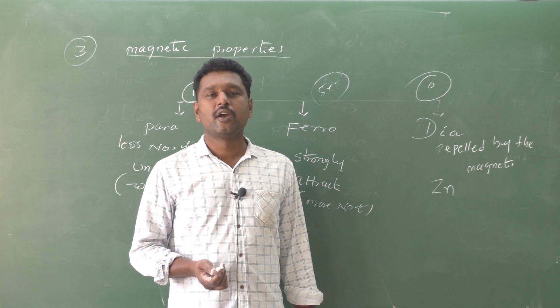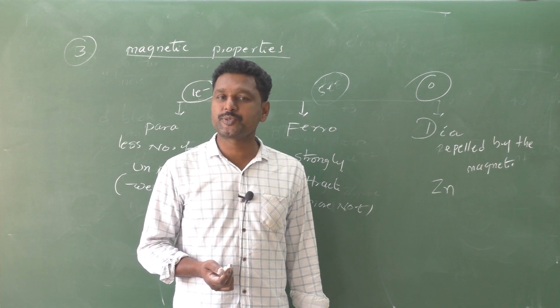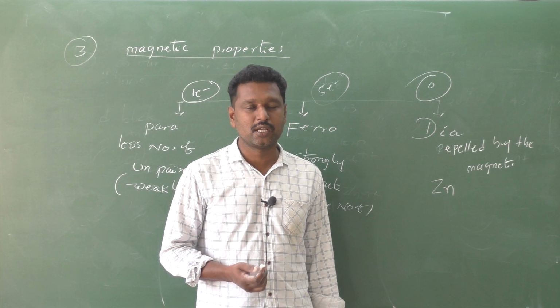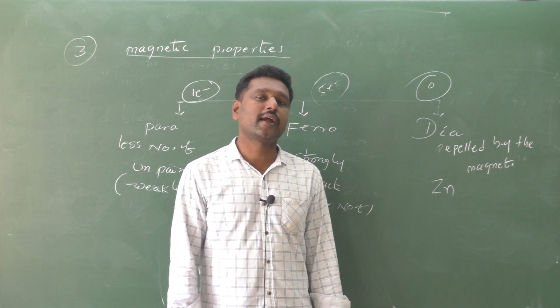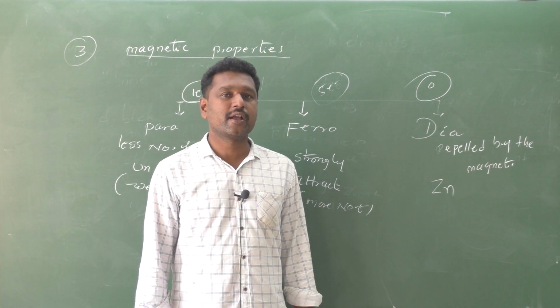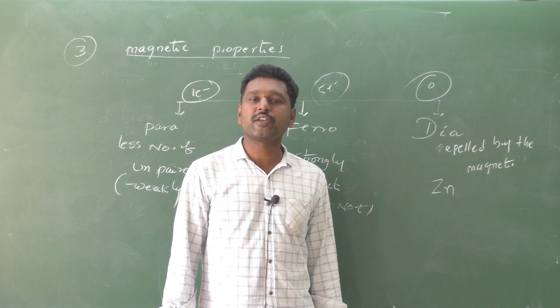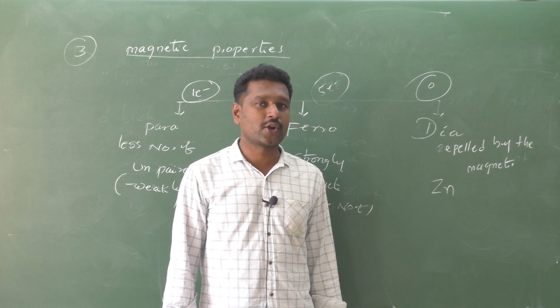Ferromagnetic substances have more number of unpaired electrons, which are strongly attracted by the magnetic field.